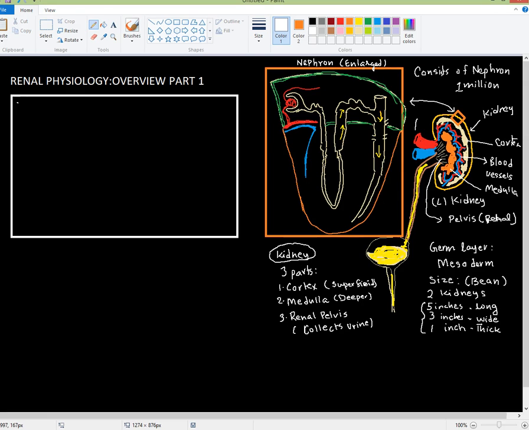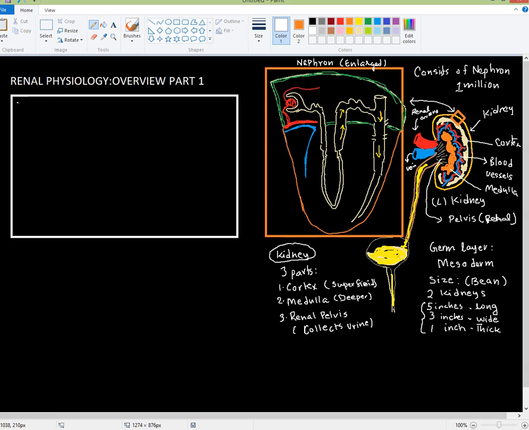And these are the major vessels. This is the renal artery, the red one, and the blue one is the renal vein. I don't have enough room to write it, but anyways, that's the renal vein.